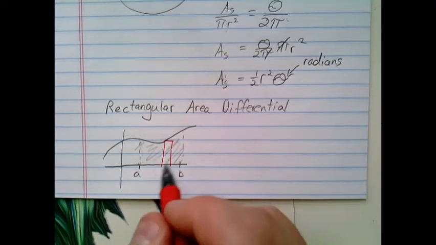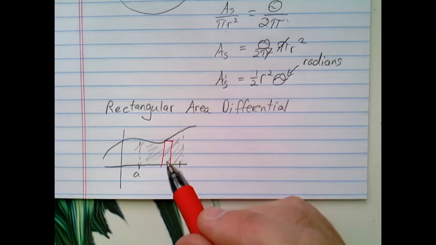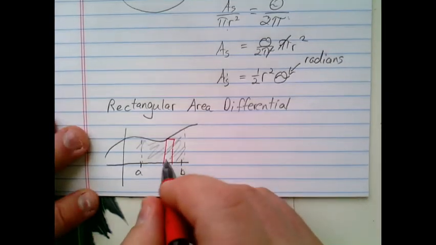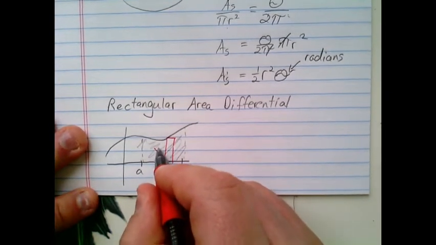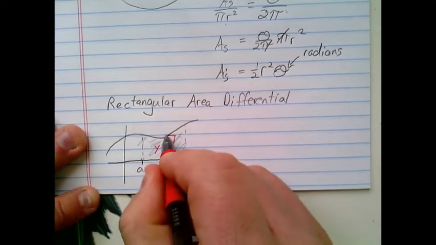Actually we use a bunch of rectangles to overlay the area, and then we take the limit of the sums of the areas of the rectangles. But the key things to keep in mind are that the height of the rectangle is really just the y value of the curve.